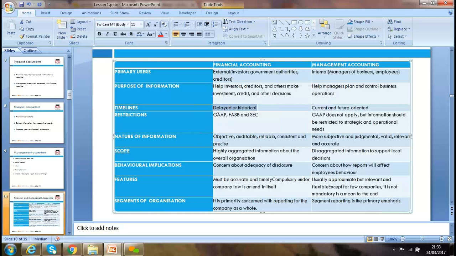GAAP is an abbreviation of Generally Accepted Accounting Principles. We don't need to memorize it, but we go through it, and this helps us. This is called the standard in the UK; we call it GAAP. In Trinidad it most likely has a different standard. Every country has a different accounting standard.